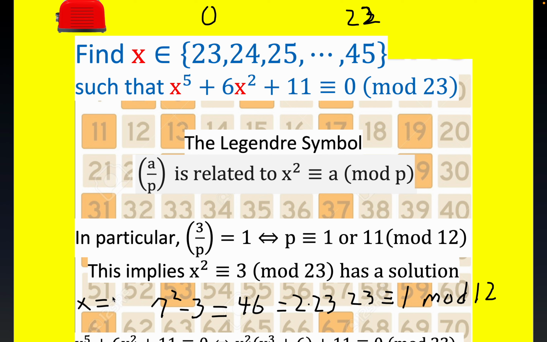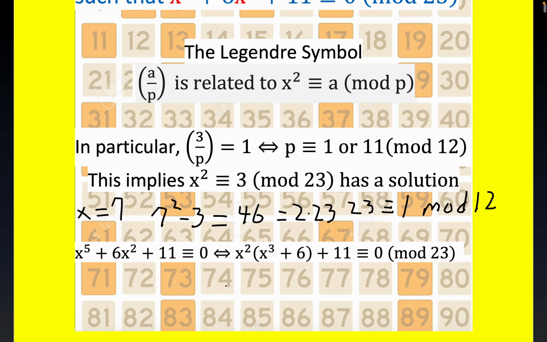You can factor these congruences just like you can factor regular equations. So I factored out the x squared, but we know for this particular modulus that x is 7, and 7 squared is congruent to 3.